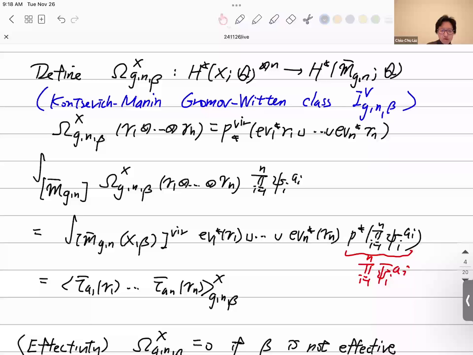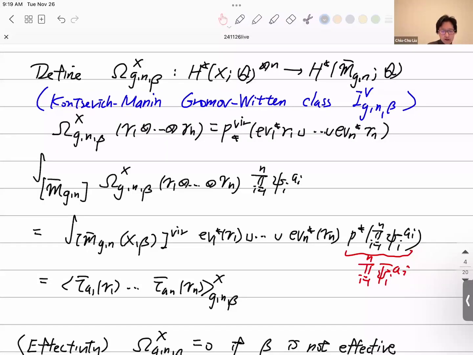And now we get this cohomology class, and then we can take the cup product with, say, psi classes on M bar g,n, and then integrate.